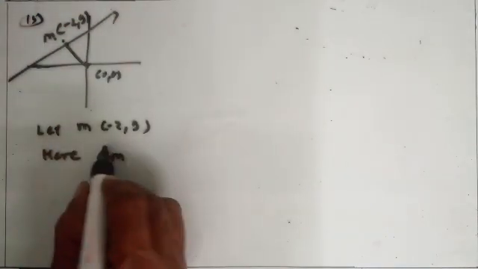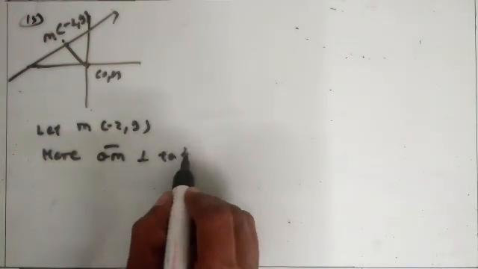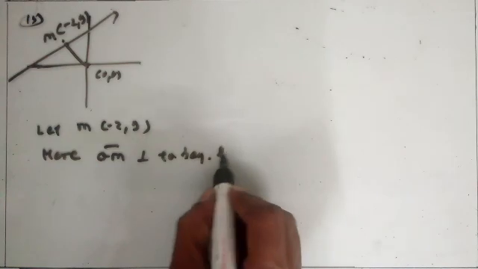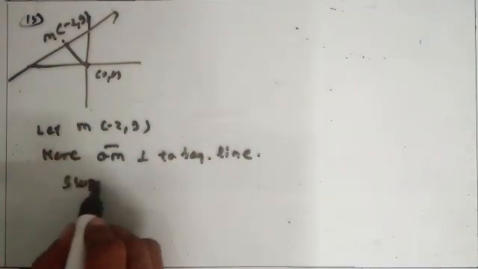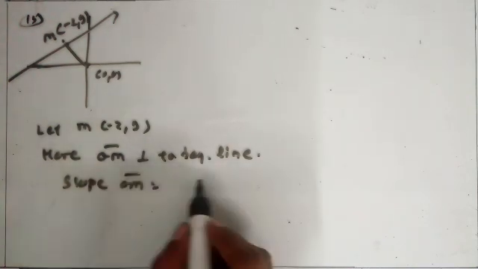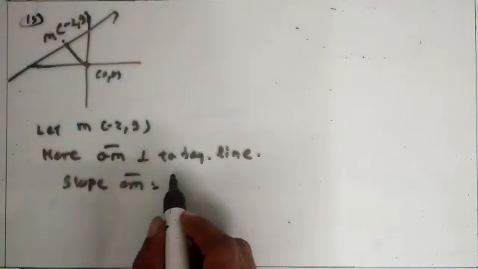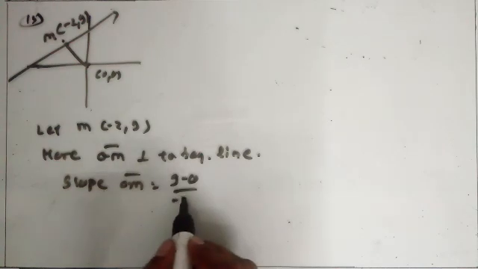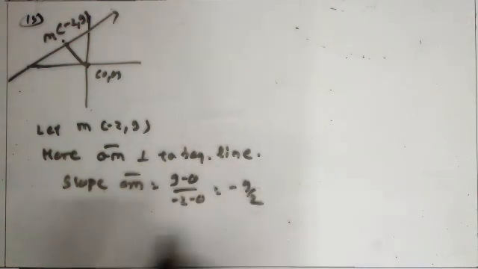OM is perpendicular to the required line. The slope of OM is, we know, the difference of y coordinates, 9 minus 0, upon minus 2 minus 0, which is equal to minus 9 upon 2.